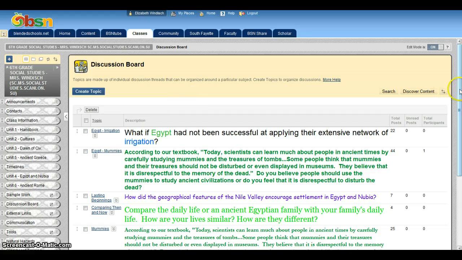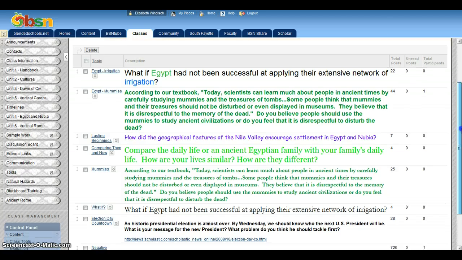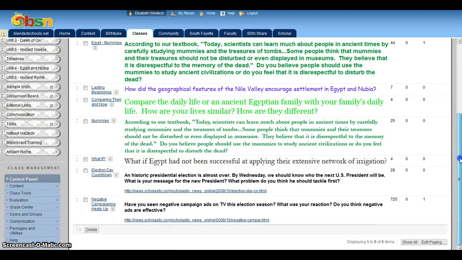If you can see here, I've used the discussion board with my students. I use it for different activities that we do. One of my favorite ones was during the election year. I posted a few questions for my students to go on and look at. They had to read a little article from Scholastic and then figure out how they feel about a certain issue.